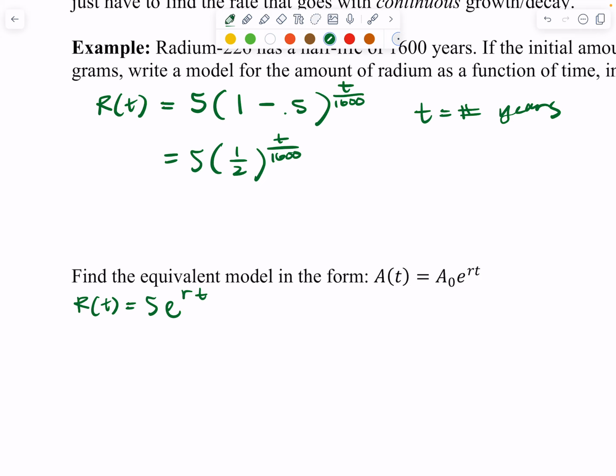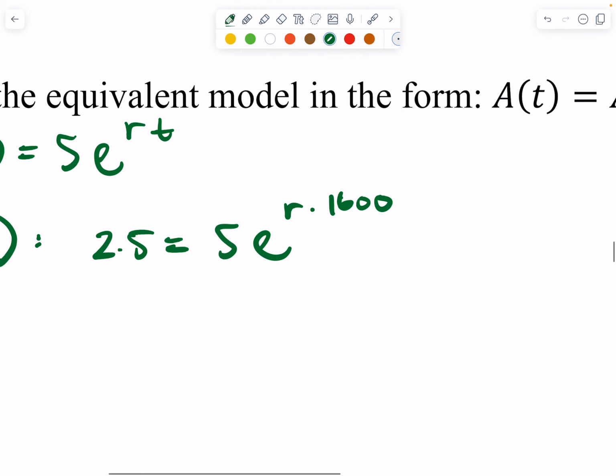So thinking about plugging in that point, so replacing R of T with 2.5. And then now this is an equation that you guys know how to solve.